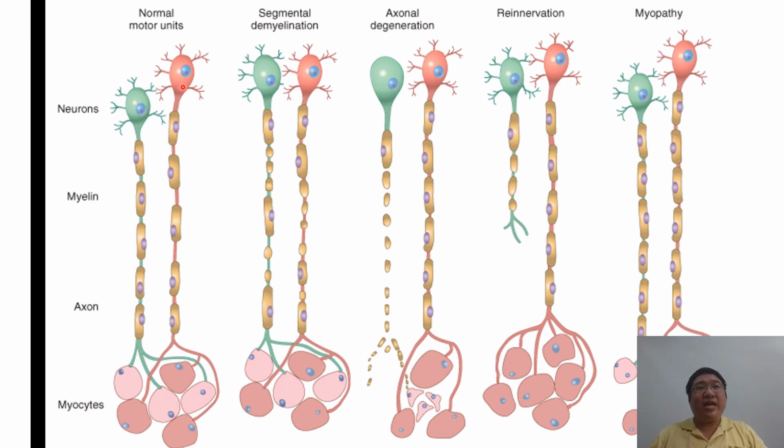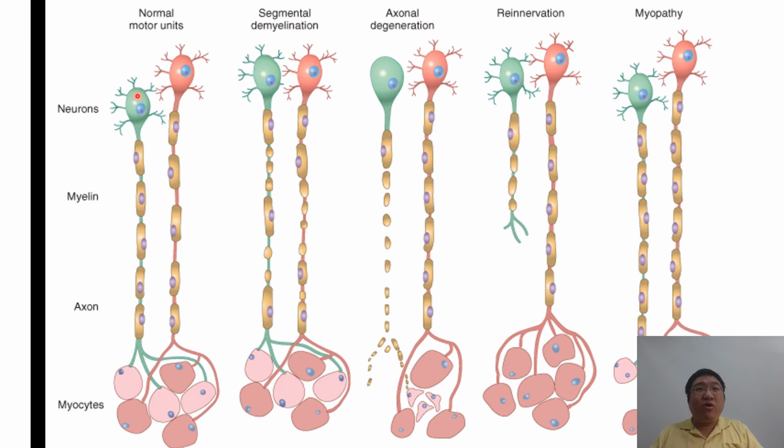Whereas if another motor neuron is programmed to supply muscle fiber type 2, all fibers in the group will be type 2. So normally type 1 and type 2 muscle fibers are interspersed amongst each other in a checkerboard pattern.